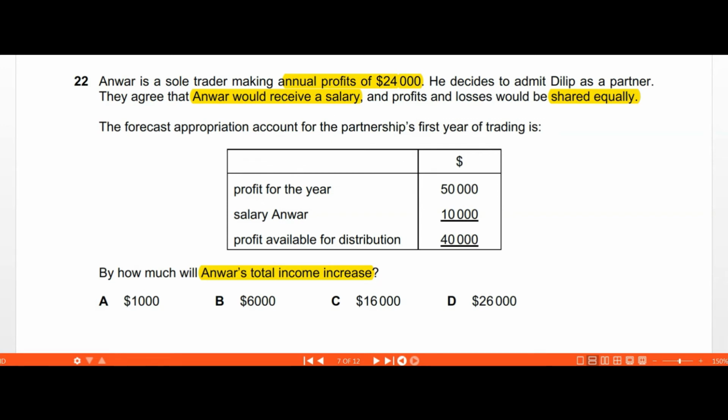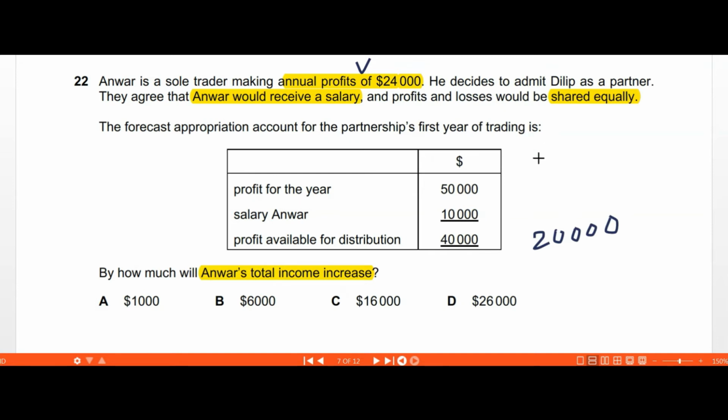Now the question is asking how much his income actually increased by. So initially when he was not working as a partner, he was receiving 24,000. Now he is getting 20,000 in the form of the profit share and 10,000 as salary.